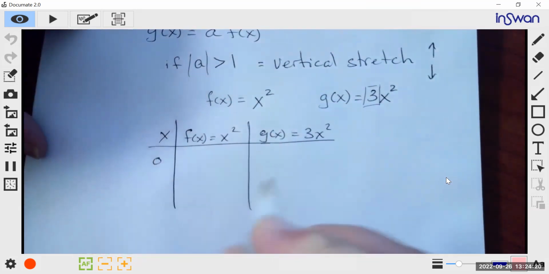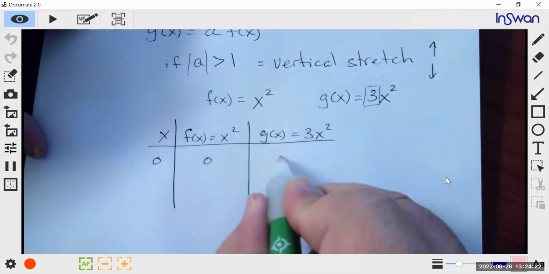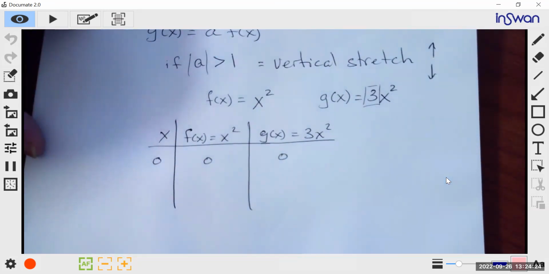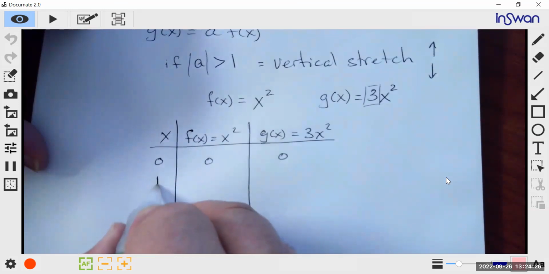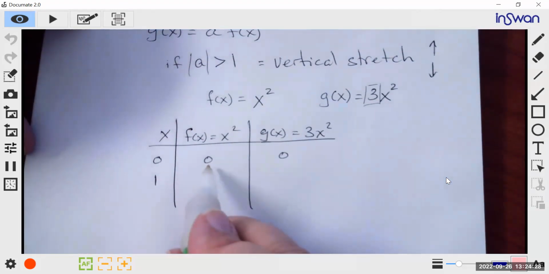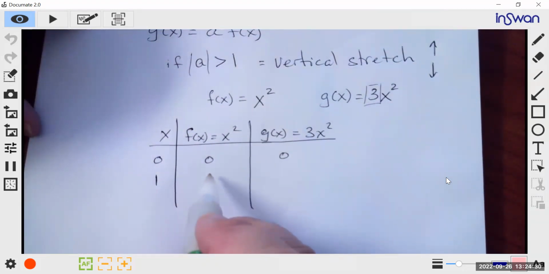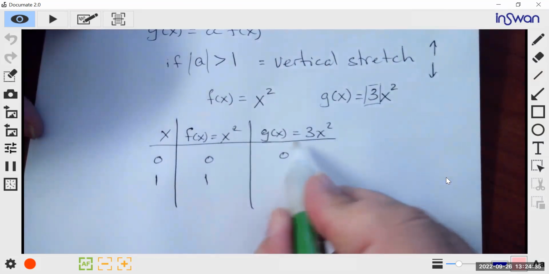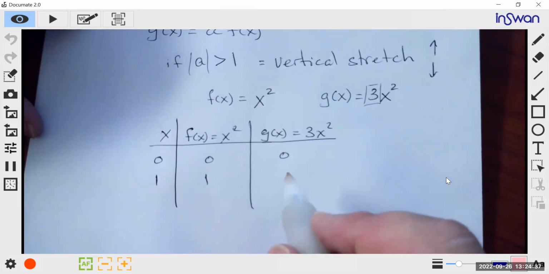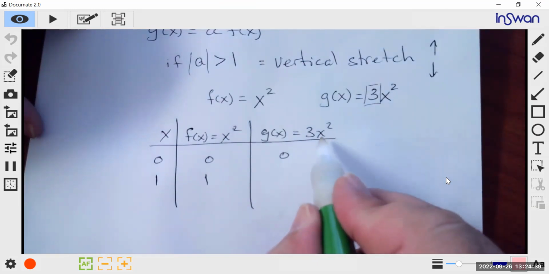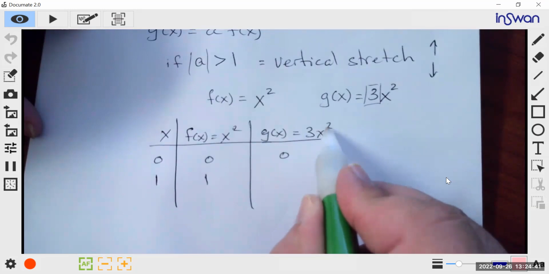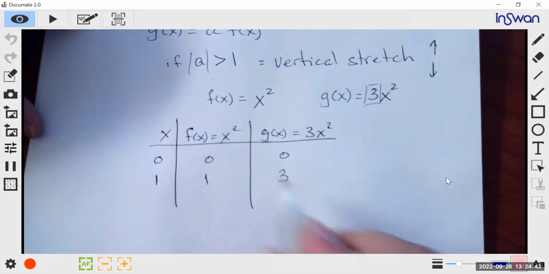So when x is 0, f of x and g of x are all 0. That's not a problem. When x is 1, what does f of x become? Yeah, 1 squared is 1. How about g of x? 1 squared is 1 times 3 is 3.